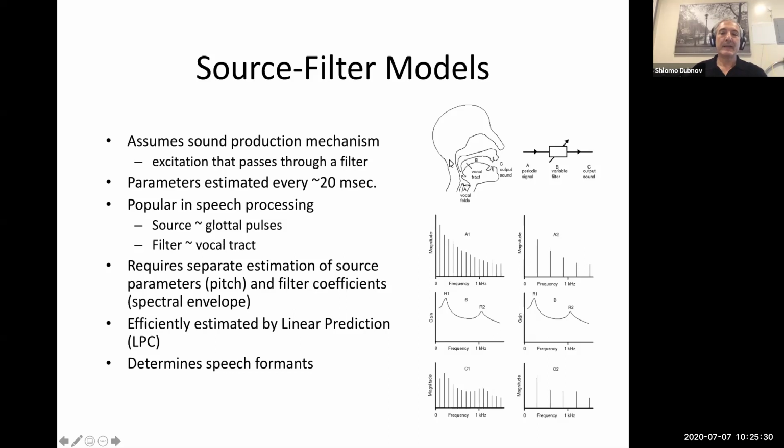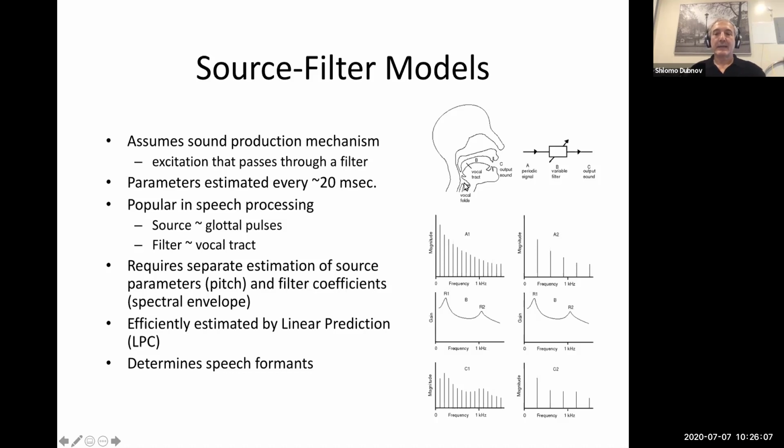So the first underlying concept that we already saw in the vocoder slides, and it's much more dominant here once we start actually modeling these things mathematically, is the idea that speech could be considered a source filter. So what is the source filter? The idea is that you have your vocal folds, your vocal cords, and by passing air through these vocal folds, they start flapping and they create your glottal pulses.